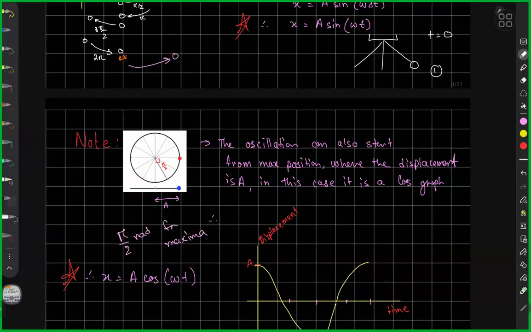So I start my stopwatch at t equals 0 to find out how many oscillations it will do in 10 seconds, let's say. That's what the experiment is for me. In 10 seconds, I want to find out how many oscillations my pendulum does. And I start where? It is at this extreme position, the maxima.